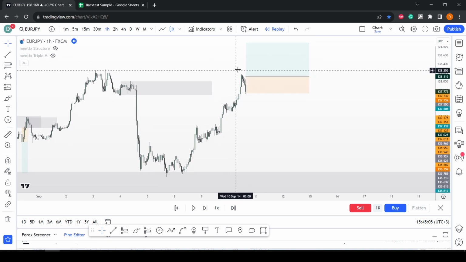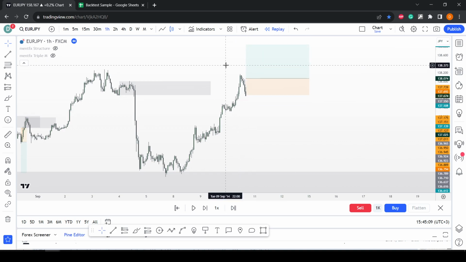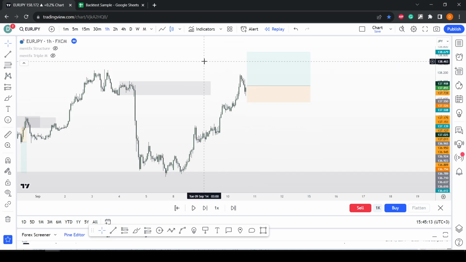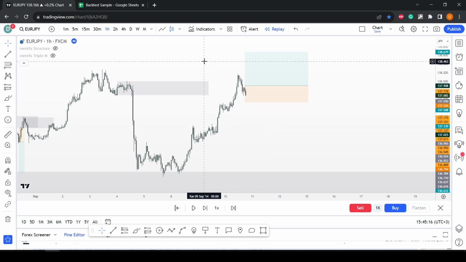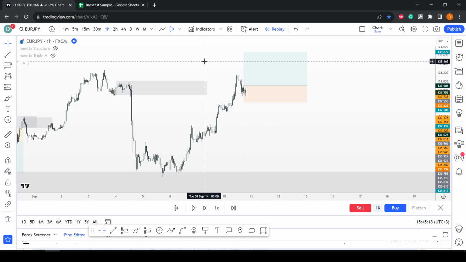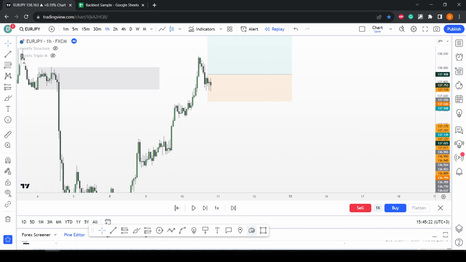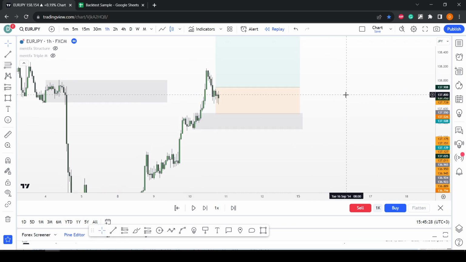So we have deeper mitigation. Now we can move to here. Even more. So what is the last zone here? The last zone will be this. It's a decent quality zone, a really nice impulse.